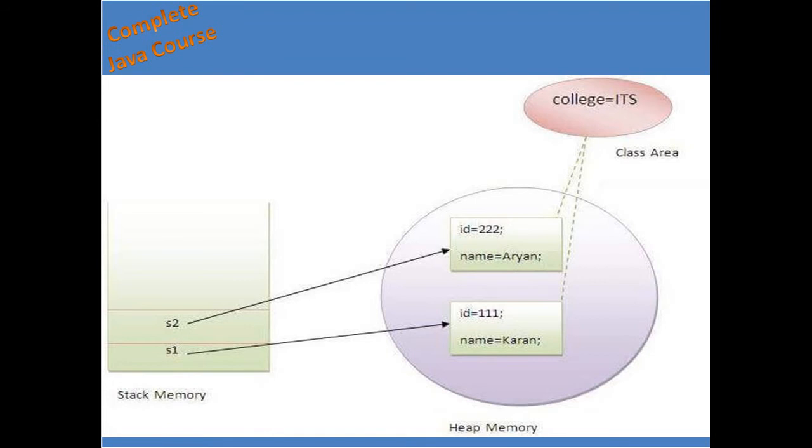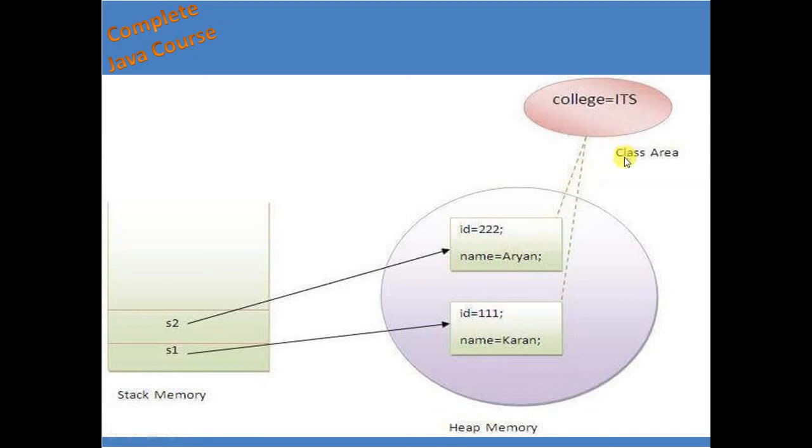Okay, now let's understand with a figure or a picture. Suppose you create two objects s1 and s2. The objects are created in the heap memory, but the references are created in the stack memory. So s1 refers to ID 111 and Karan, and s2 represents ID 222 and Aryan.